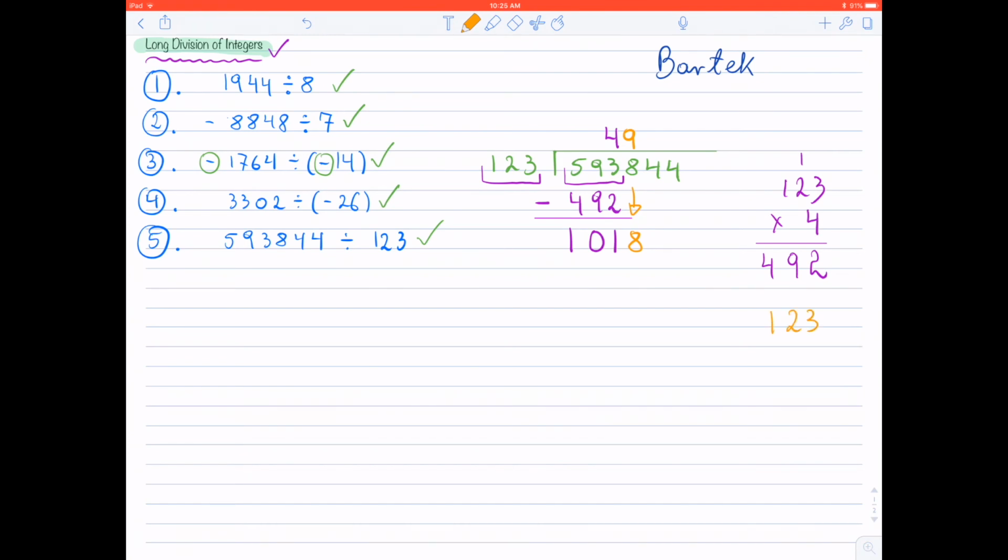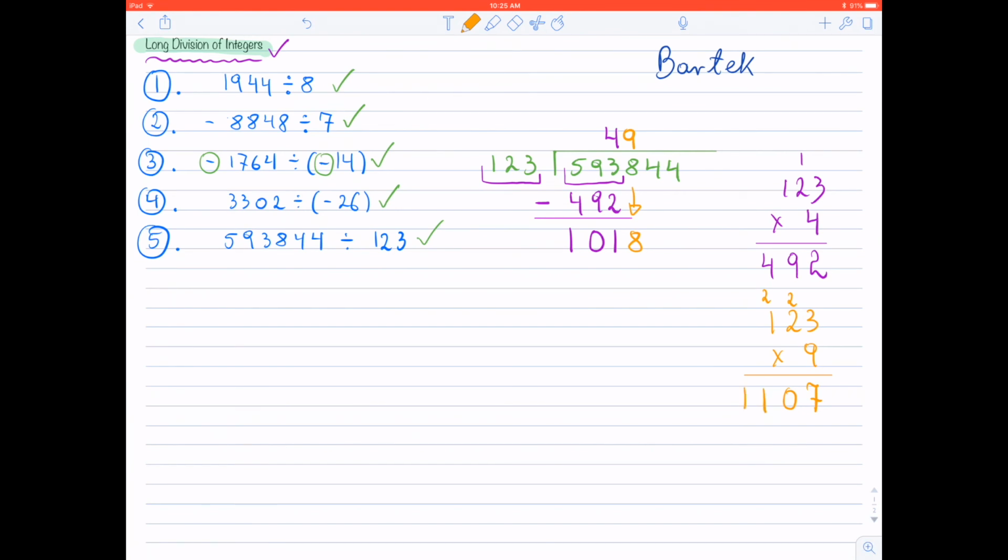So 123 times 9, and let's hope that we guessed correctly. 9 times 3 is 27. So carry my 2. 9 times 2, 18, plus the 2, so that's 20. And 9 times 1 is 9, plus the 2 is 11.